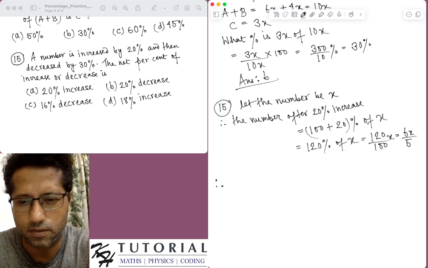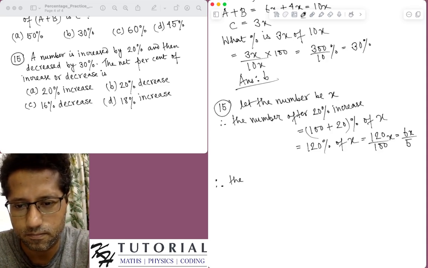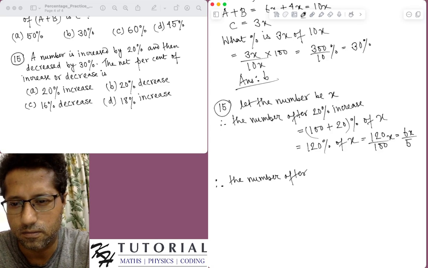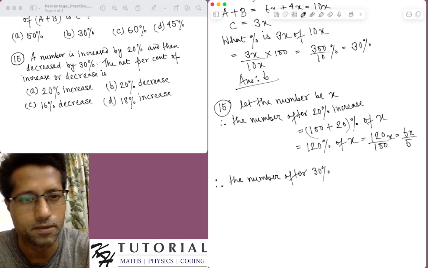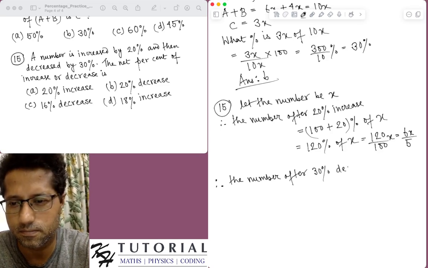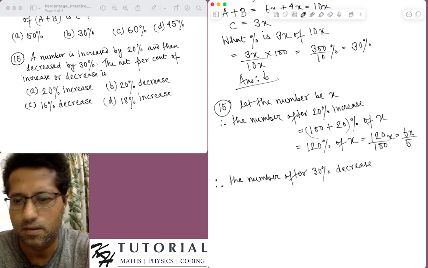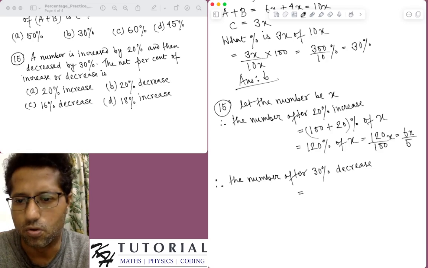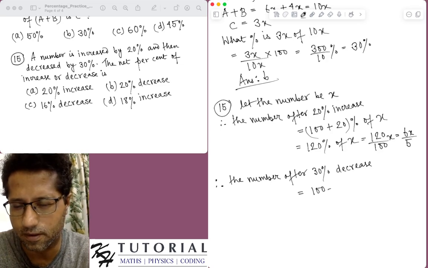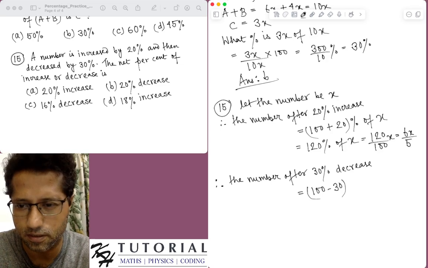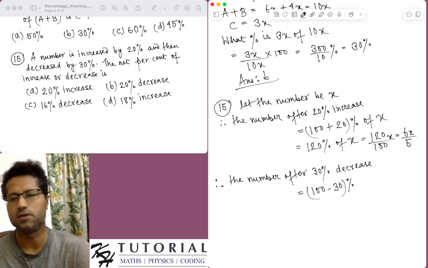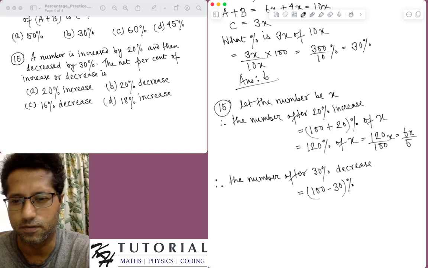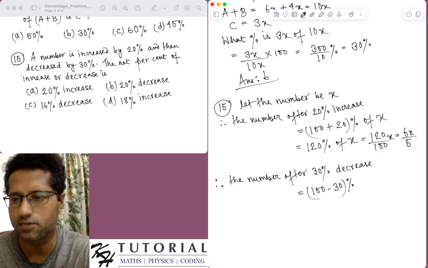So therefore the number after 30% decrease is equal to, 30% has been decreased, so it will be 100 minus 30%. So the new value will be 100 minus 30% of what? 30% of 6x by 5.